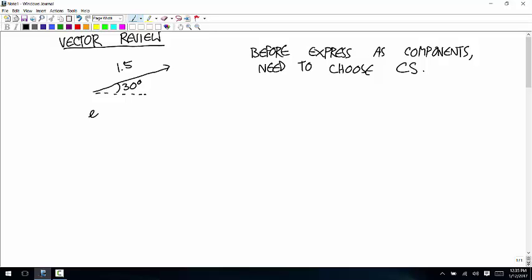So for example, if you have this vector, and the coordinate system you use is this, where that's the x-axis and that's the y-axis, then that vector v is just 1.5 in the positive x direction.